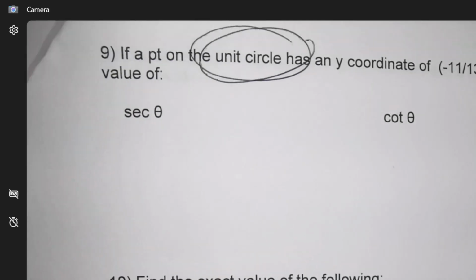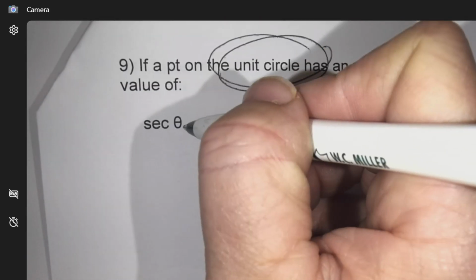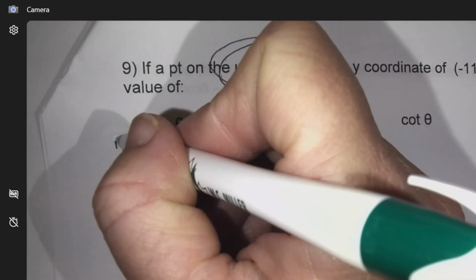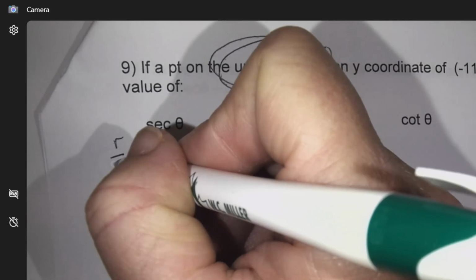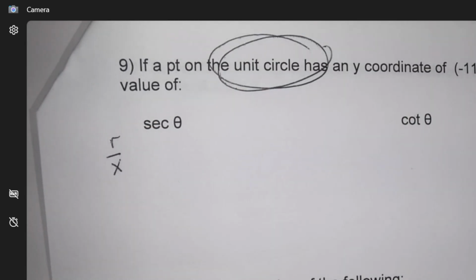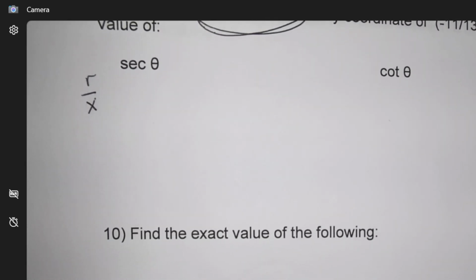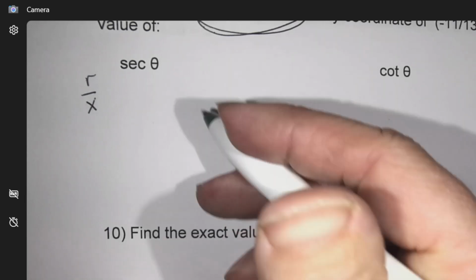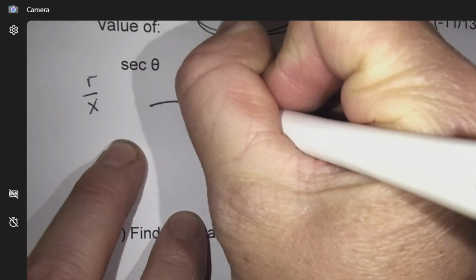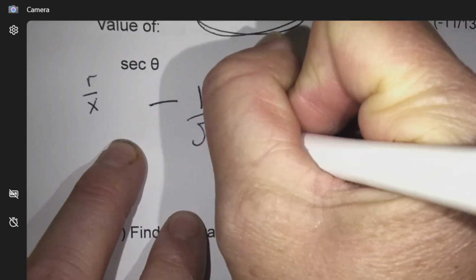Okay, so now it's all about figuring out what you need. So secant, I need an r over x. So I can look up my blown up one, r over x. That's a negative value. So I'm just going to write negative value, r over x.